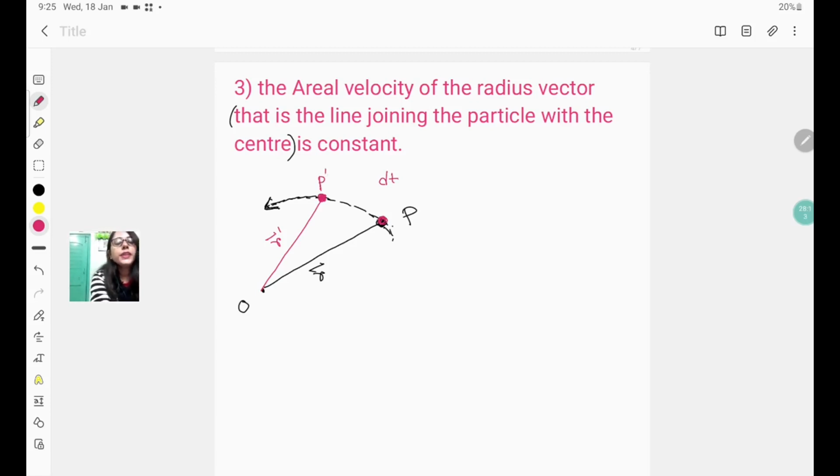So from P to P prime, the distance is dr, and the particle covers this distance dr in a time dt. Now the radius vector covers this area in a time dt. So this one means basically an areal velocity.